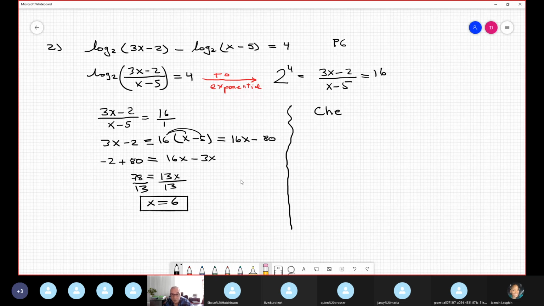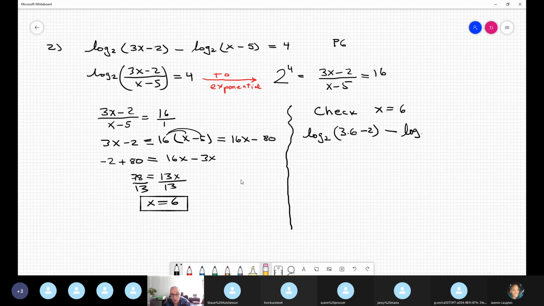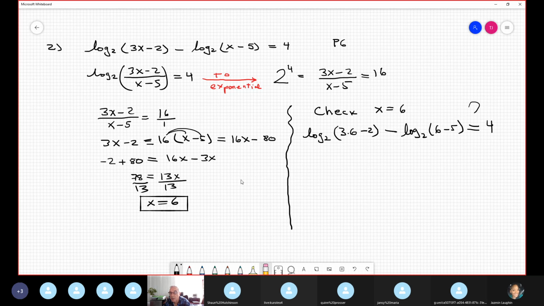Checking for x equals 6: logarithm base 2 of (3 times 6 minus 2) minus logarithm base 2 of (6 minus 5) should be 4? We do the operation inside: 3 times 6 is 18, 18 minus 2 is 16.